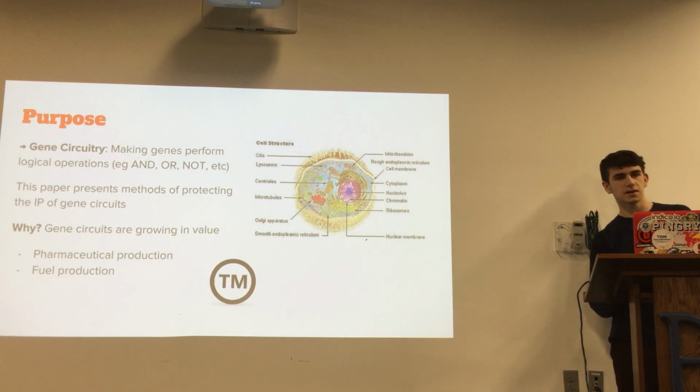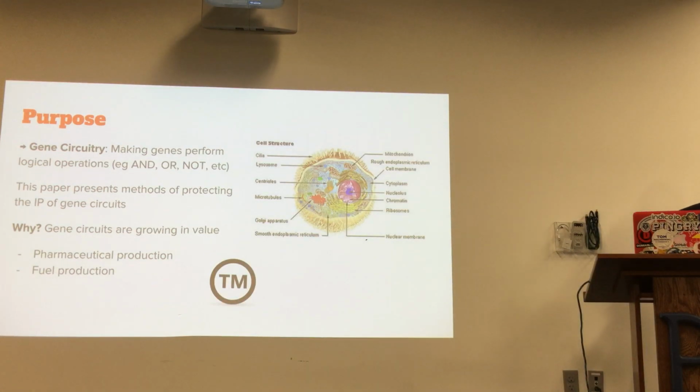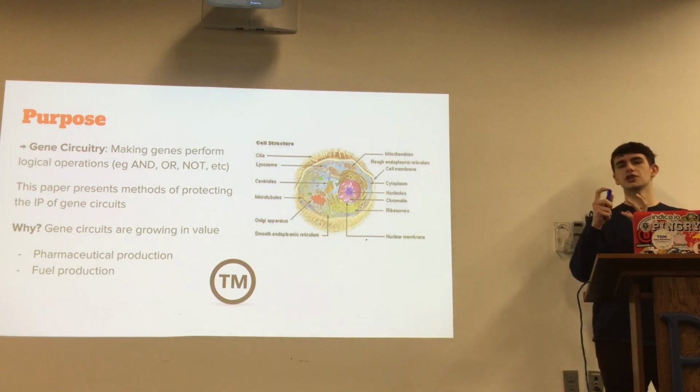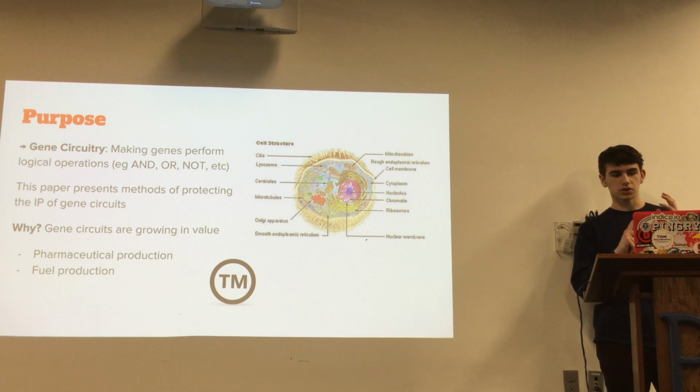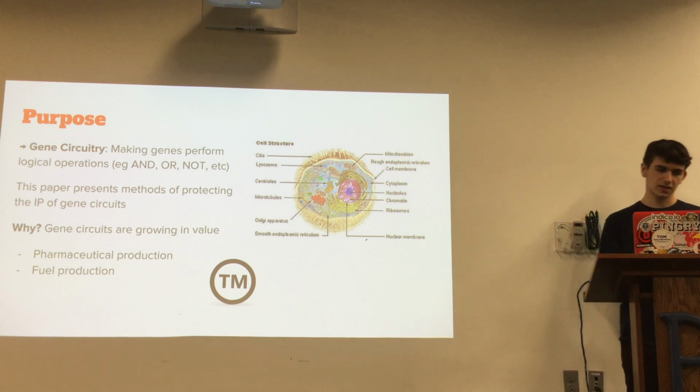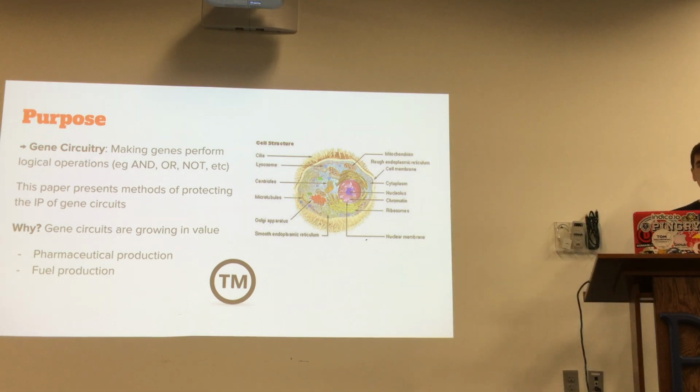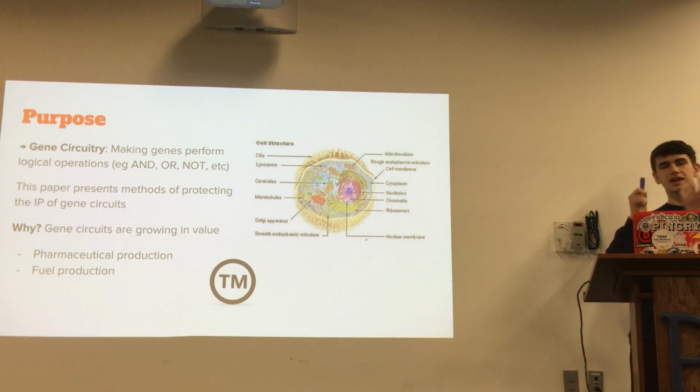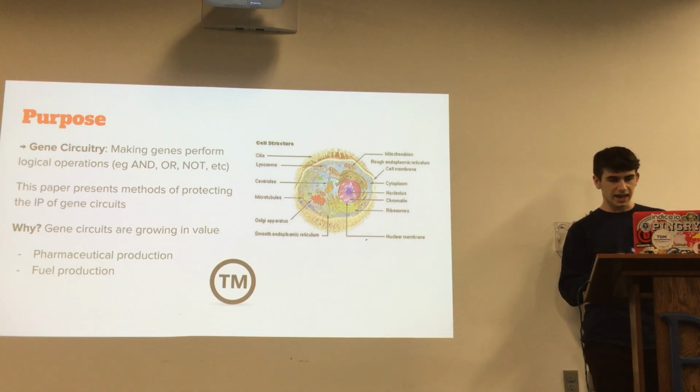So the purpose of this paper is focusing on something called gene circuitry, which is engineering the genes in cells in order to do certain logical operations. And if any of you have taken comp sci, it's kind of like thinking about logic gates, like AND, OR, NOT.